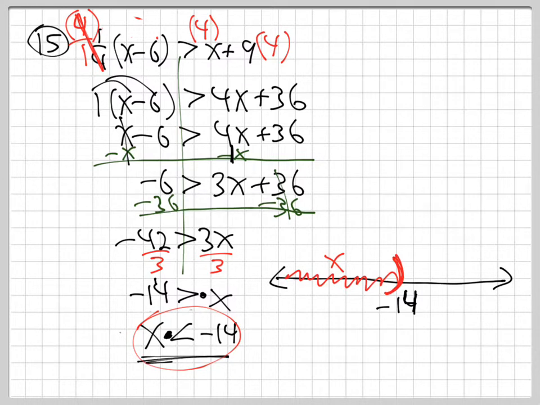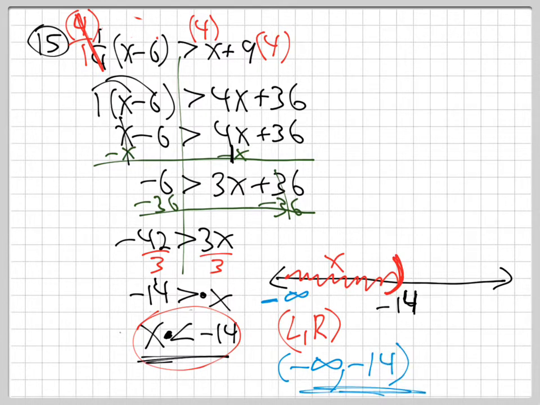And now, finally, interval notation, which is left edge, right edge. What's the left edge of the chunk of shading? Negative infinity. Negative infinity to negative 14, parentheses. There we go. The answer in 3 different forms.